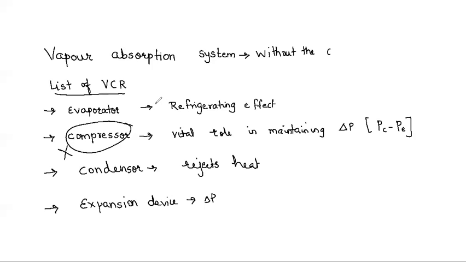If there is a system without the compressor, and it still has to produce the refrigerating effect, then we need some component or a set of components which would perform the same role as the compressor. This way it is very easy to understand what the vapor absorption system is. So, the vapor absorption system is a system without the compressor.